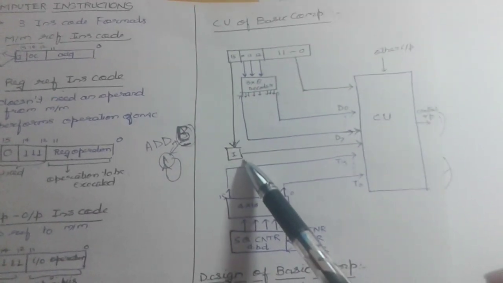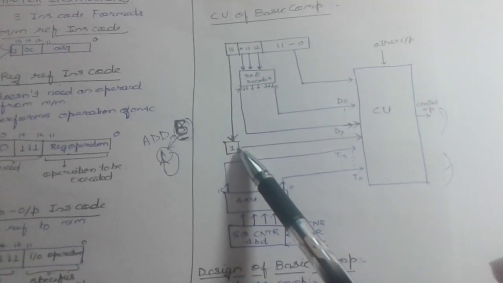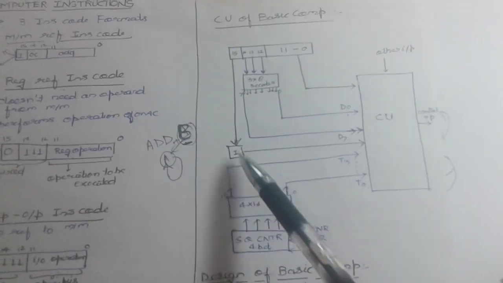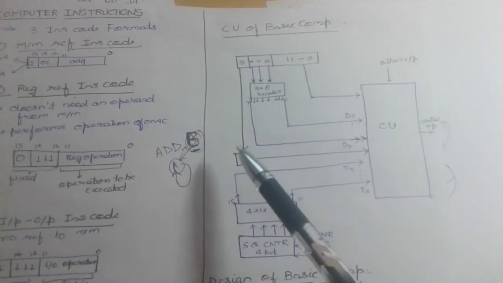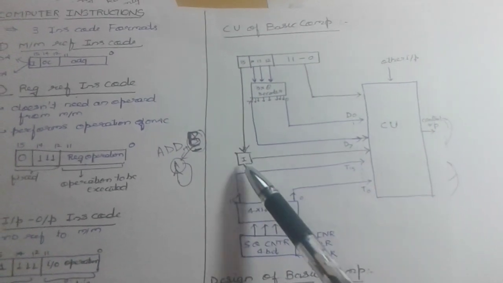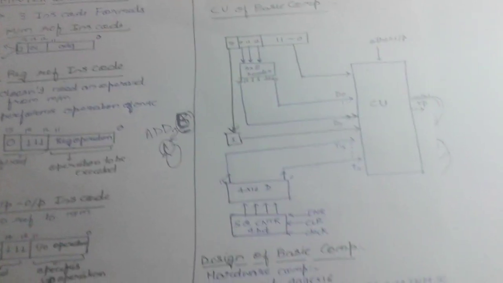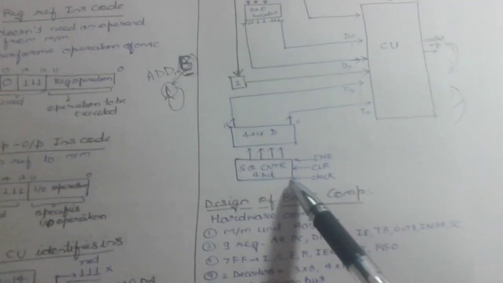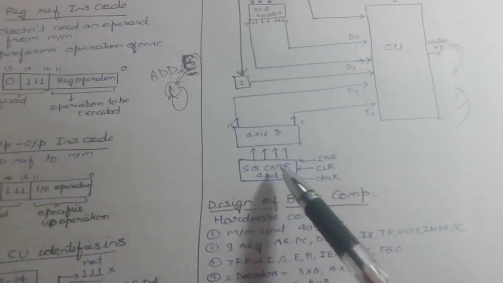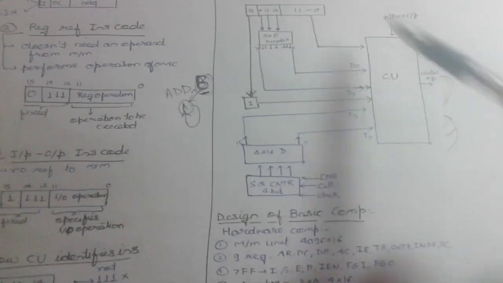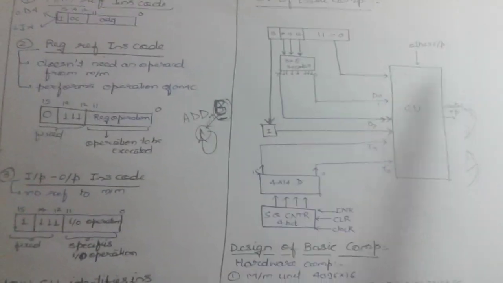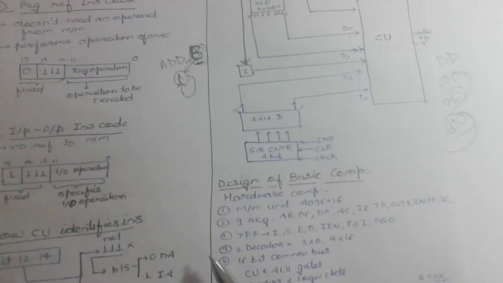In case of memory reference instructions, this indicates direct or indirect address. In the other case, if it is 0, then it is a register reference instruction. If that is 1, then it is an input output instruction. The sequence counter counts the sequence or the timing. We will come to this architecture later in central processing unit in detail.